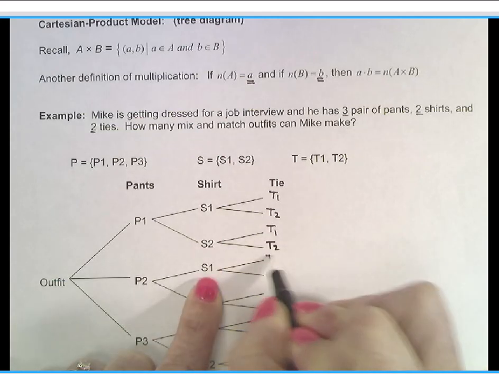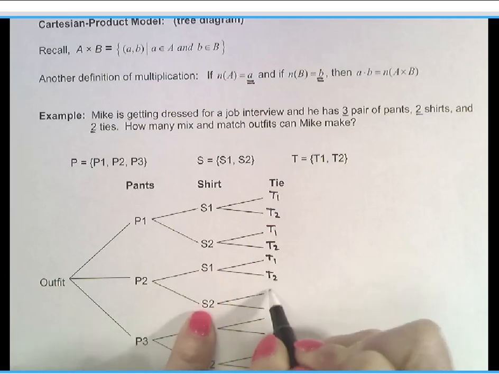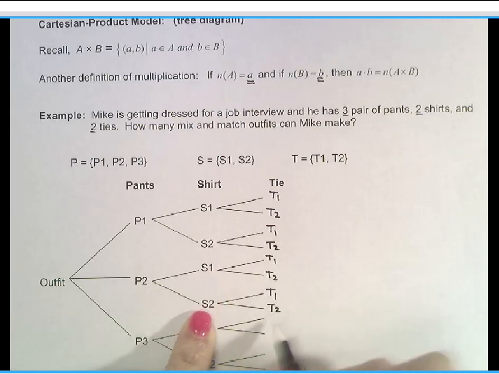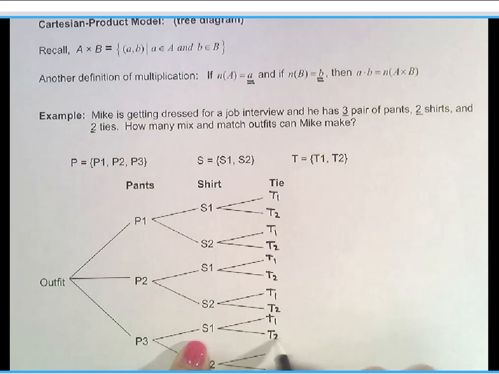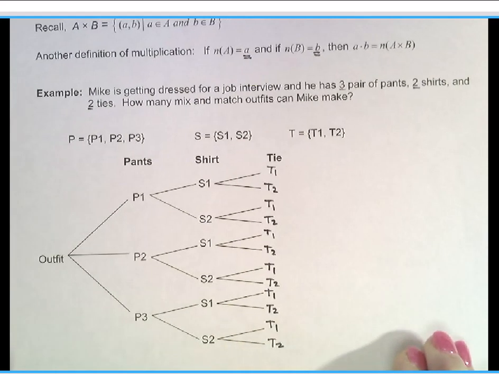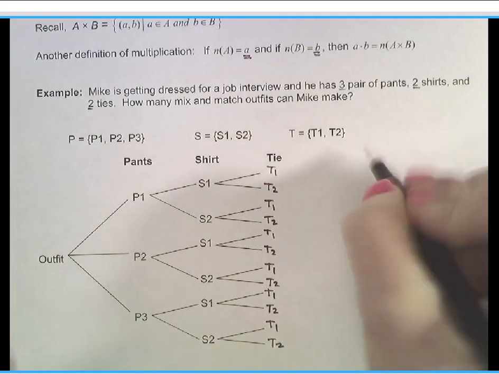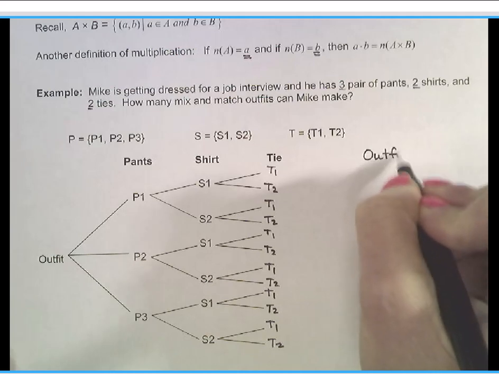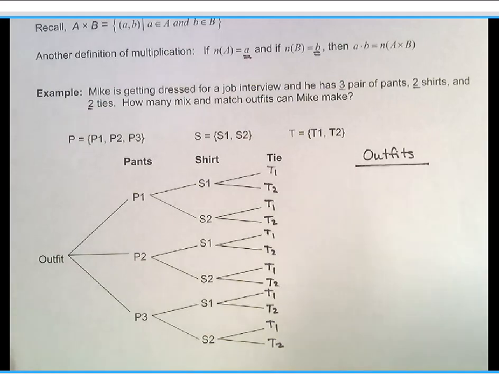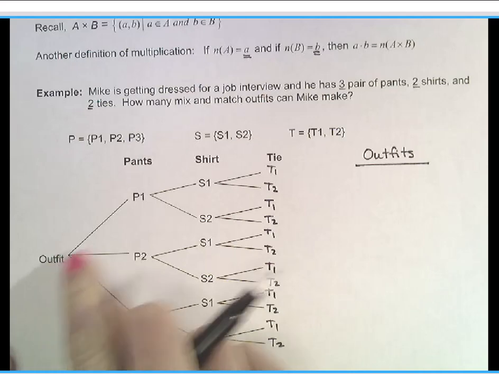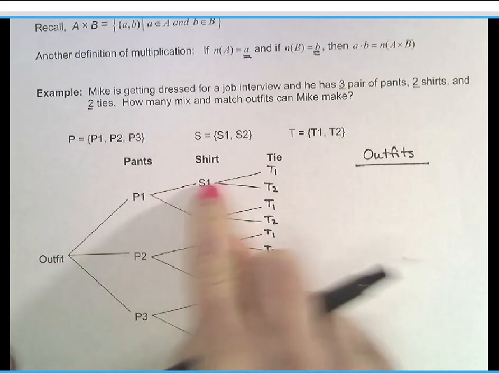And then you just go down the list, filling in the T1s and the T2s. I'm almost out of room here. You can see that last one there. So then if you read through the tree, you can see that the outfits are going to be sets of triples, right? So the first outfit would be P1, S1, T1.